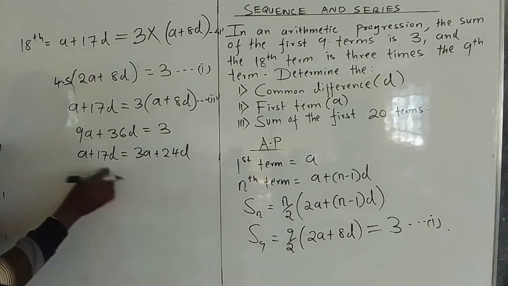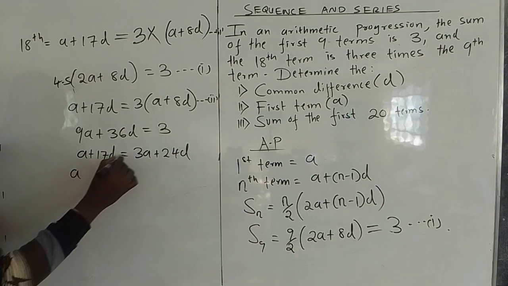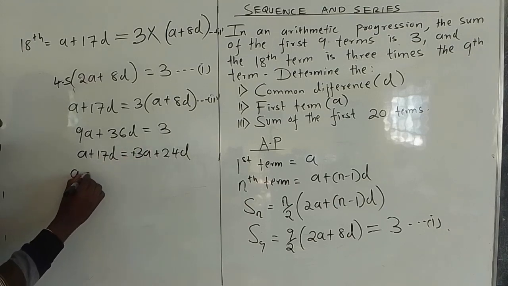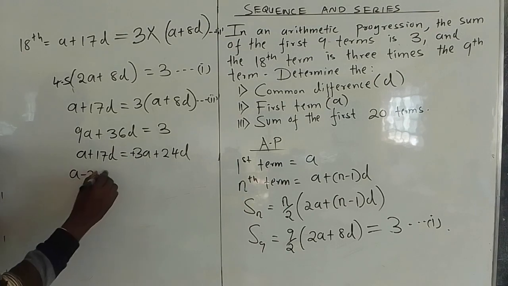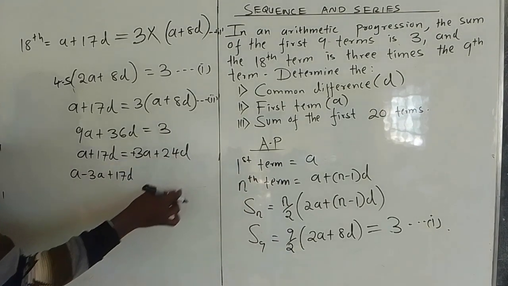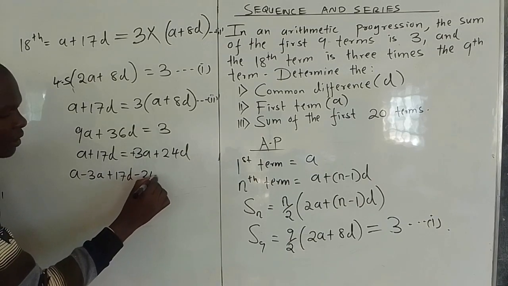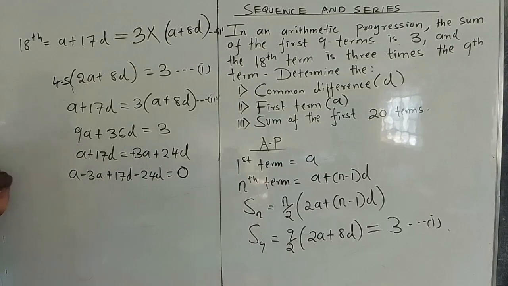Remember, we bring everything this side. So the positive 3a coming this side becomes negative 3a, isn't it? Then this side we still have our plus 17d, then positive 24d coming this side becomes minus 24d is equal to 0.